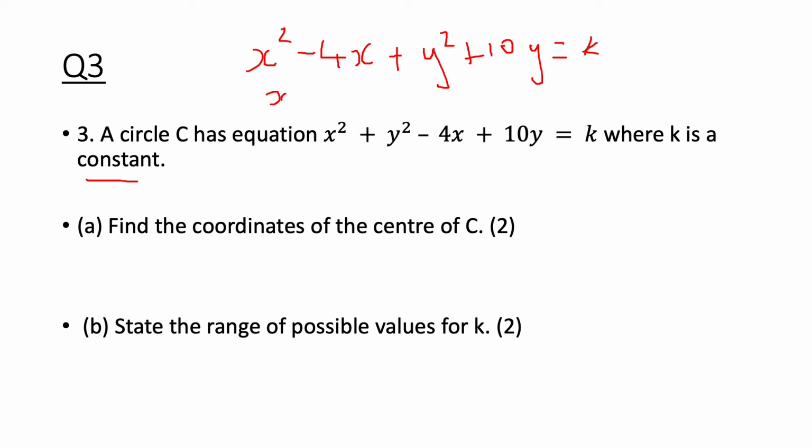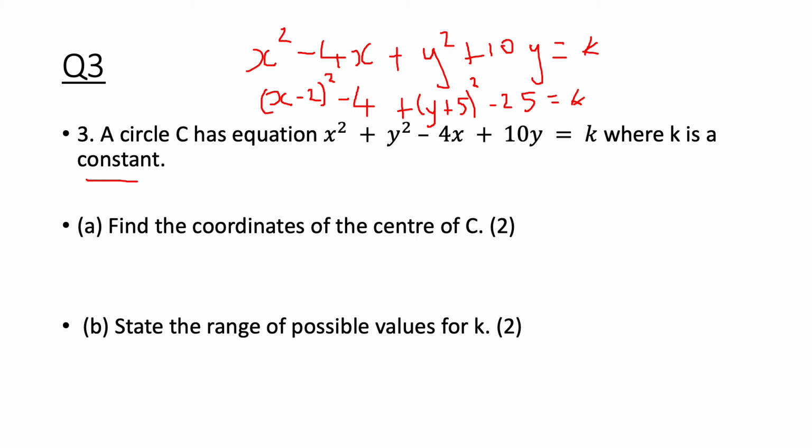Completing the square on this, I'm going to get x minus 2 all squared. So remember, it is half the coefficient of x. Okay, subtract the 4 at the end, so it's minus the square of the answer. Okay, plus y plus 5 all squared subtract 25 is equal to k.